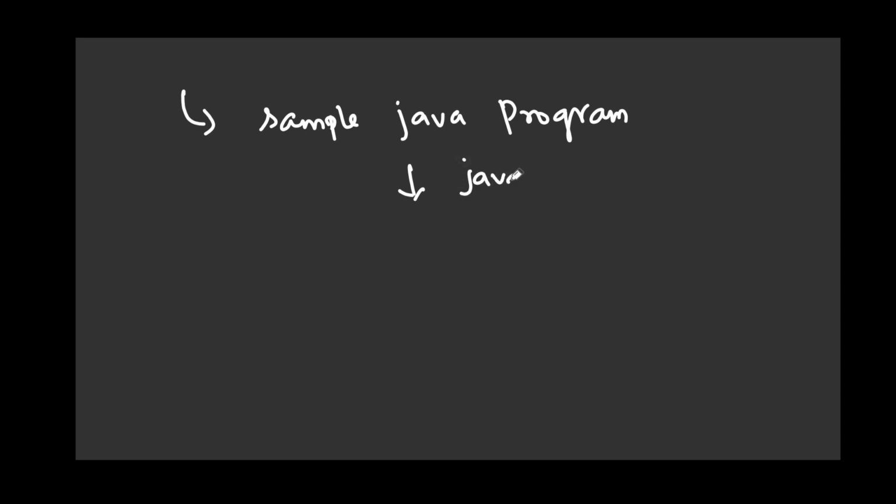For the demo purpose, I'm going to take one simple sample Java program like hello world. Then I'm going to use the javac command to compile that program. Once we are done with the compilation, we will get the .class file, that is called bytecode, right?